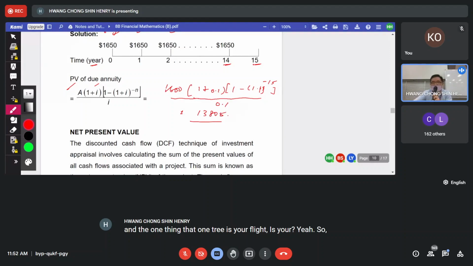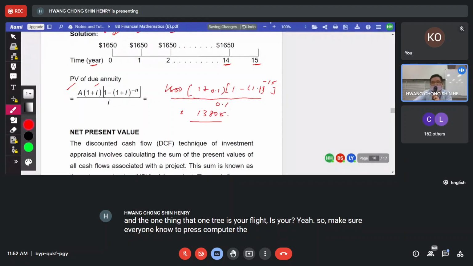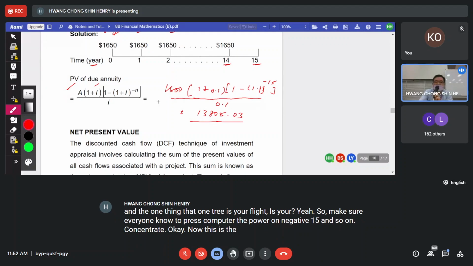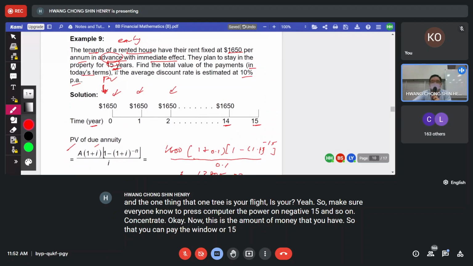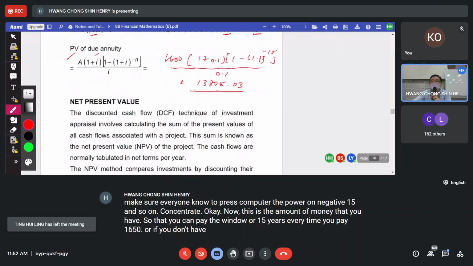So make sure everyone knows to press the calculator power, negative 15, and so on. Okay, now this is the amount of money that you have, so that you can pay the rental for 15 years. Every time you pay 1650. Or if you don't have this amount of money, then the landlord will tell you, no money, no talk, no need to rent. Okay, that's what it means.